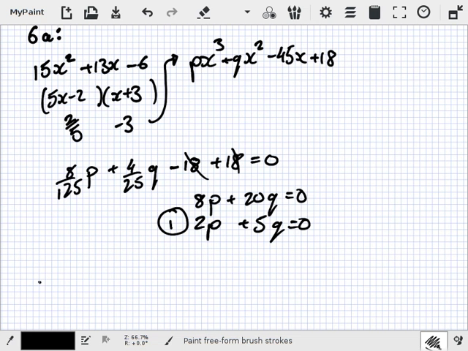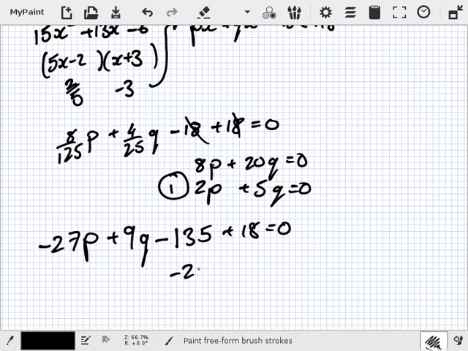Now, if I put in the minus 3, what do I get? Minus 27p plus 9q minus 135 plus 18 equals 0. So that's minus 27p plus 9q, and then the constant is minus 117.